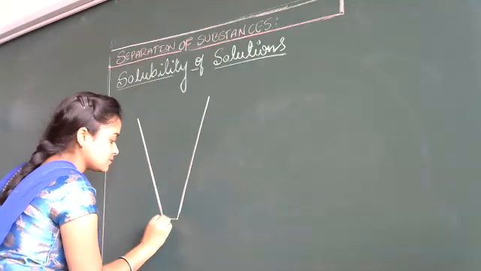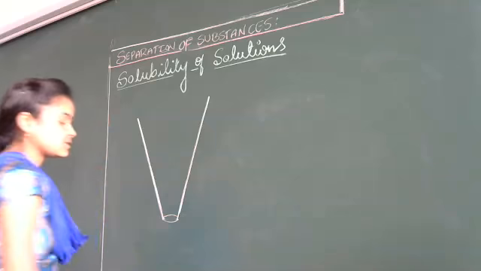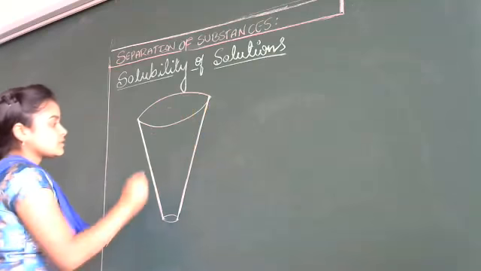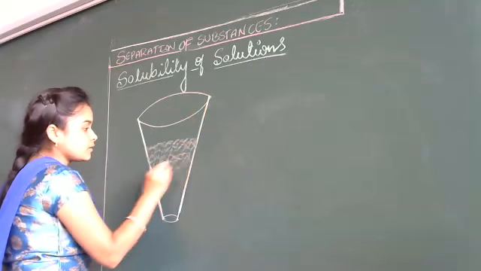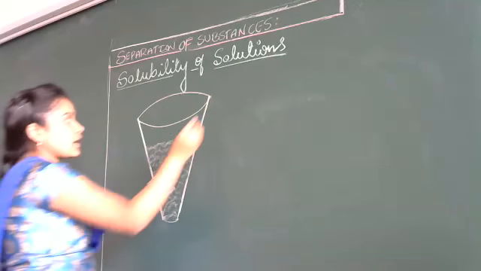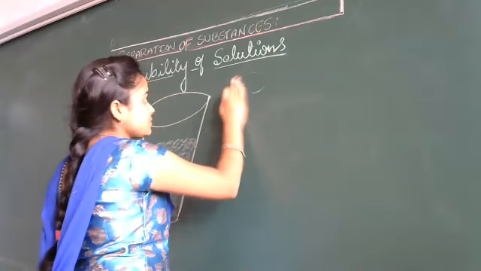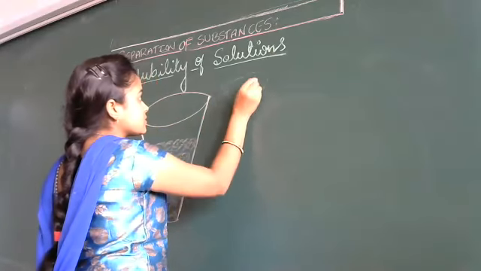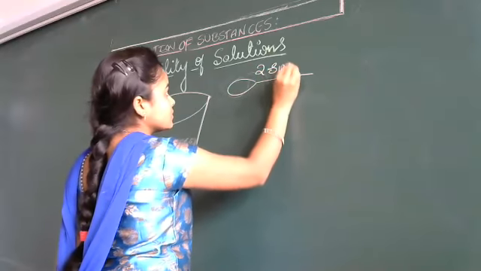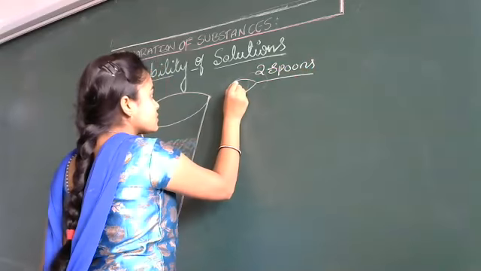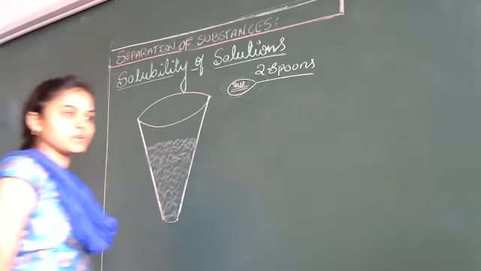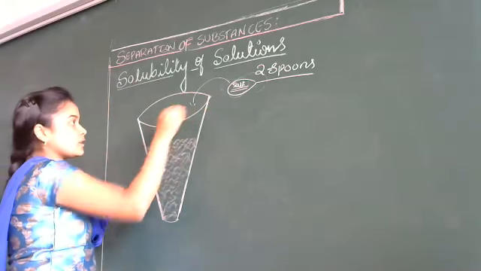What is it? This is a glass, right? Okay. So in this glass, I'll take some water. In this water, I'll take, how many spoons do you want? I'll take 2 spoons of sugar or salt. I'll take salt this time because many times we have taken only sugar. Okay. So I'll add this salt in this.